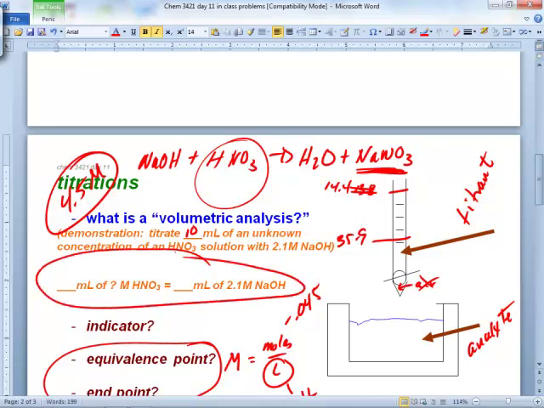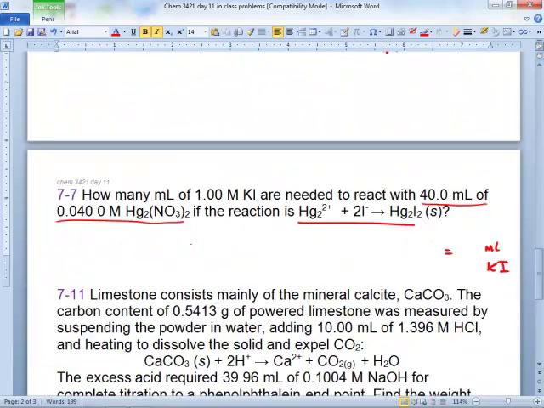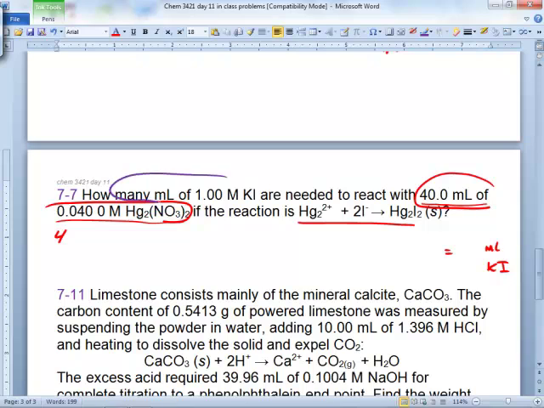Something is chemically equivalent to something else. And if you can see that in the word problem, it's so much easier to read. They're saying that this stuff is chemically equivalent to this stuff, right? You're going to convert one thing to the other. 40 mils of the mercury nitrate equals, I don't know how many mils of the 1 molar KI.